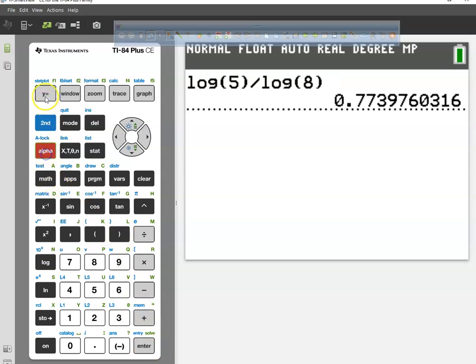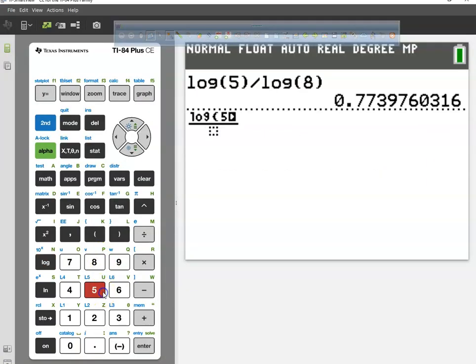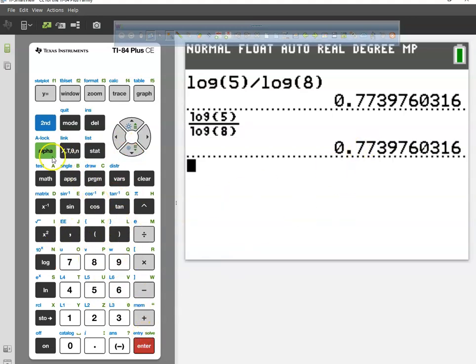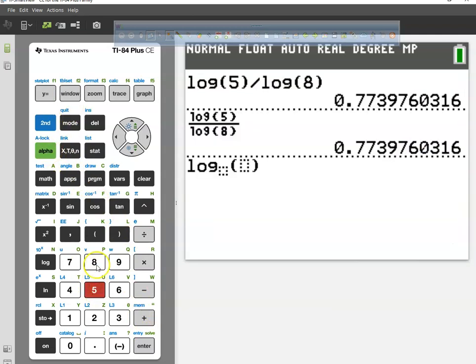Now you could do alpha y equals enter and do the log of, wait, did I do it right? Yeah, okay. The log of 5 over the log of 8, like that. But now we have this cool little shortcut, alpha window number 5. And what gets you to put right there?